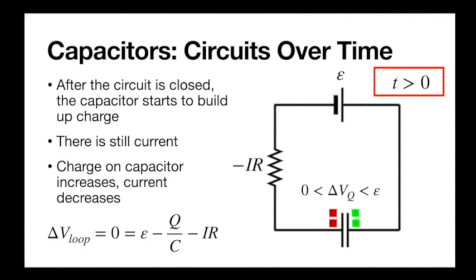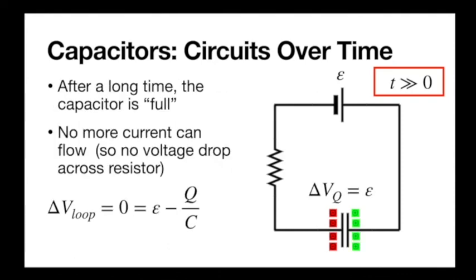That's why we needed exponentials to describe it here, because its behavior is not constant in time. Immediately once current starts flowing, we develop a charge difference or a voltage difference between the two plates. And now we have an extra term in our loop rule where some of the voltage drop is occurring across the capacitor and some is occurring across the resistor.